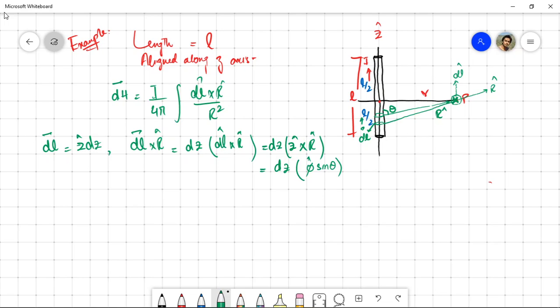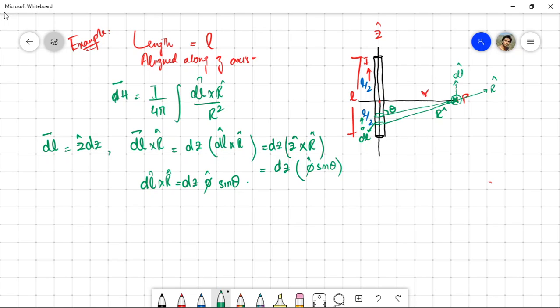You can refer to the table that we studied in the vector analysis chapter. So dl cross r hat is now equal to dz phi hat sine theta. This theta is basically the angle between z and r. Okay, so we'll put all of these things together.